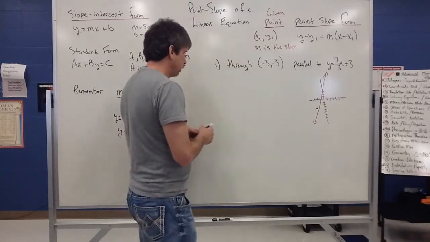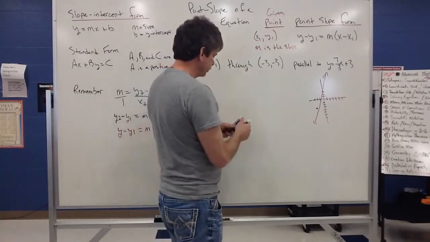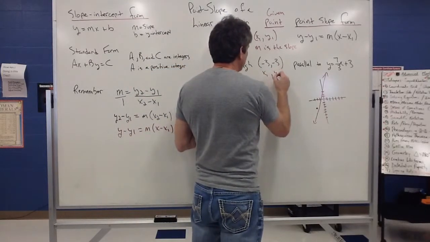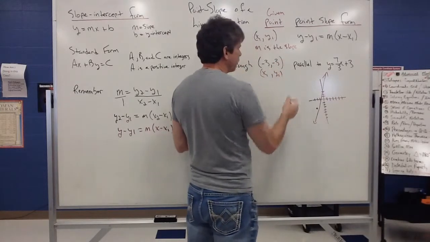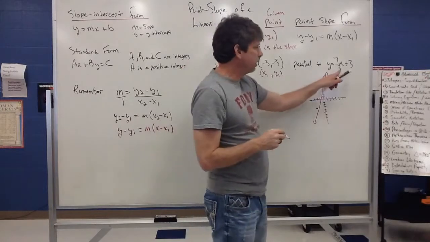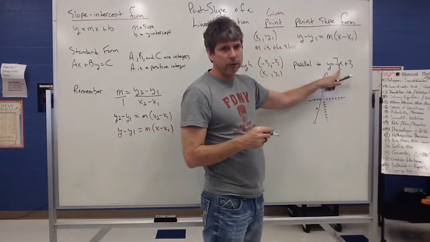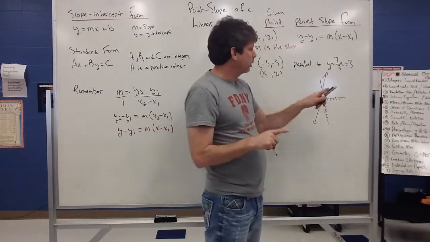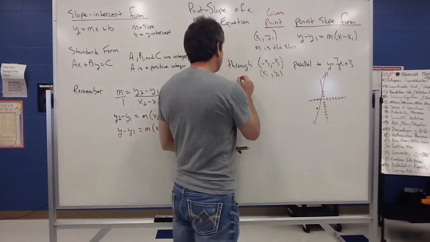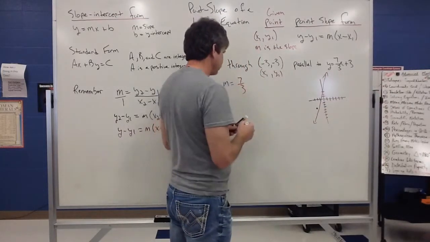So to be in point slope form, x1, y1 is the given point. My slope is actually going to be the slope of this line, because since they're parallel, our slopes are the same. So my slope is going to be 7/3.